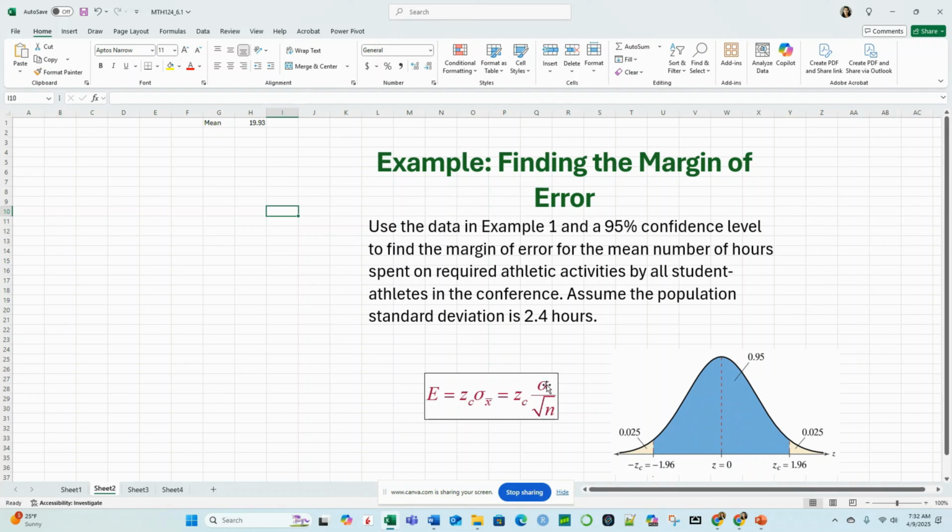Before we calculate this value, we have to find the critical value corresponding to the confidence level. In this example, we need to find the margin of error for 95% confidence. I will type here c is 95%. It's better to type the value as 0.95 instead of typing in the percentage value.